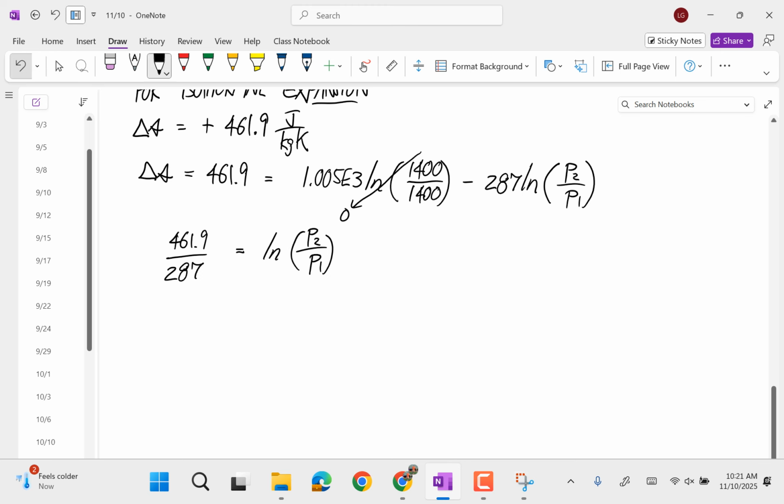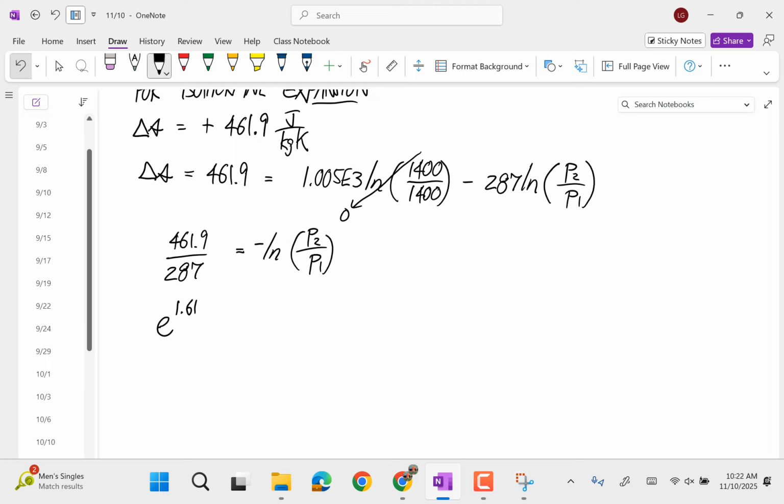And so if we take e to both sides, we get e to the power of, can someone divide 461.9 by 287? Oh, the negative. Where did that go? I omitted it.